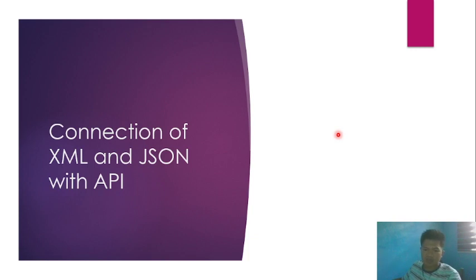Just think that an API is a service, like a waiter serving the customers and delivering their orders to the kitchen, while JSON and XML are the literal waiters doing the service of the API. That's one example of how to understand the connection of JSON and XML with API.